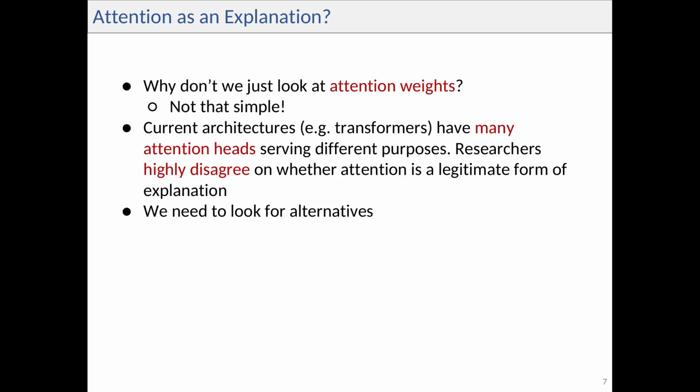And although the intuition is correct, we have to remind ourselves that architectures, especially transformers, have a lot of attention heads. And attention heads in parallel tend to learn very different features that serve very different purposes. And it's actually incredibly complex to understand what exactly they learn.